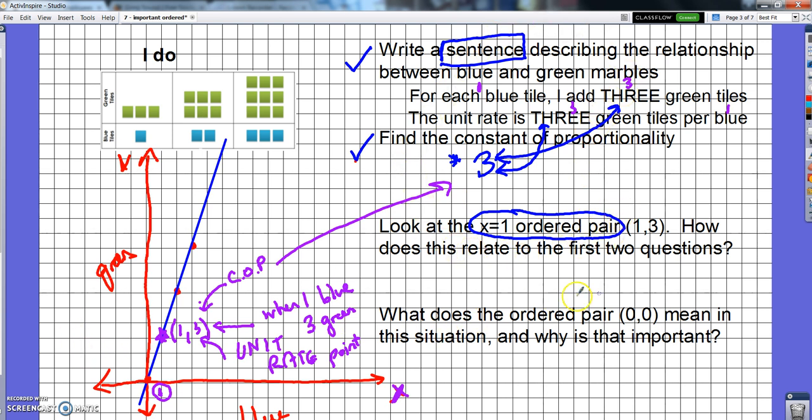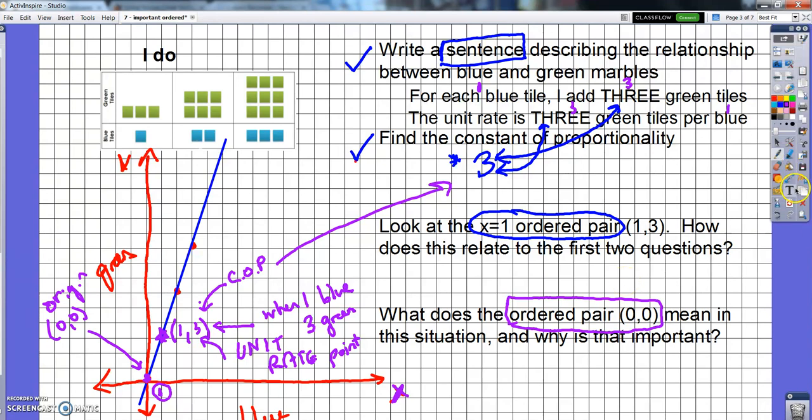The other important point that we've talked about a little bit before is the ordered pair (0, 0). If you have a proportional relationship, that ordered pair has to be there. That's this one right here. We call that the origin, or (0, 0). What does that ordered pair mean in the situation, and why is it important?